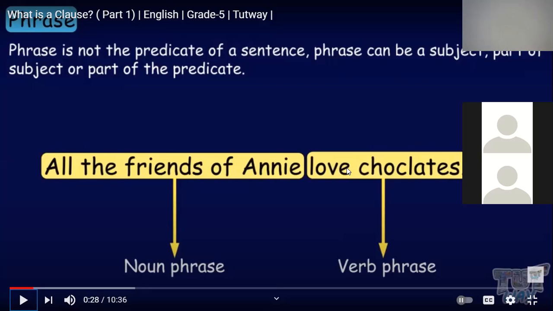Predicate is a more complex word that is used by those whose major is English, like me, teachers, the ones who study English language and literature or linguistics at the university.